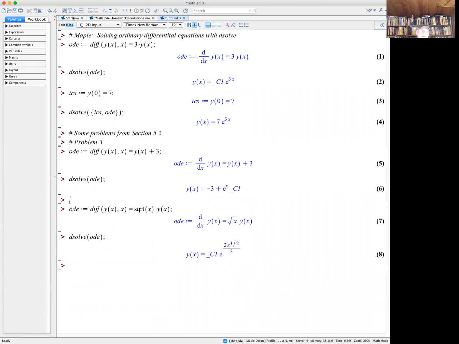And this is problem dy dx equals root x times y. This was problem 7. And that's the solution.